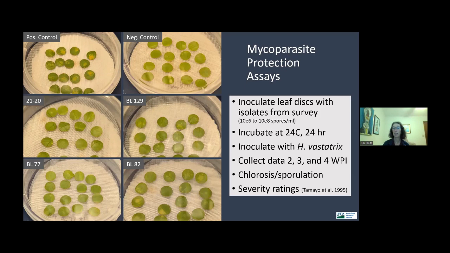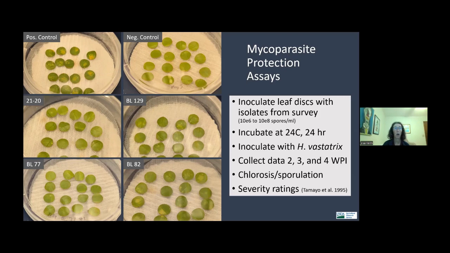We would then collect data every week for 4 weeks post-inoculation, once again looking for chlorosis and sporulation, using the same severity ratings. This slide shows the positive control on the top left, the negative control on the top right with no inoculum, and then 4 different isolates showing great potential.